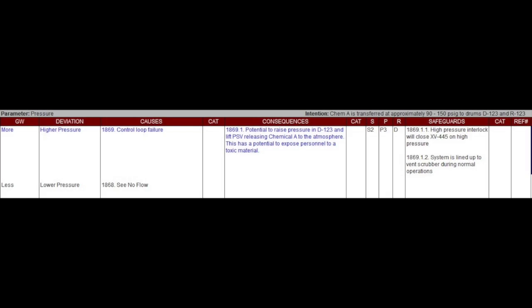Here's a great example where I can show you where we take a PHA, something that we talked about in a PHA, and we use that documentation then to fill in our standard operating limits table and then talk about our consequence of deviation. So what you have on the screen right here, we talked about parameter pressure. Chemical A is transferred at approximately 90 to 150 pounds to drum D123 and reactor 123.